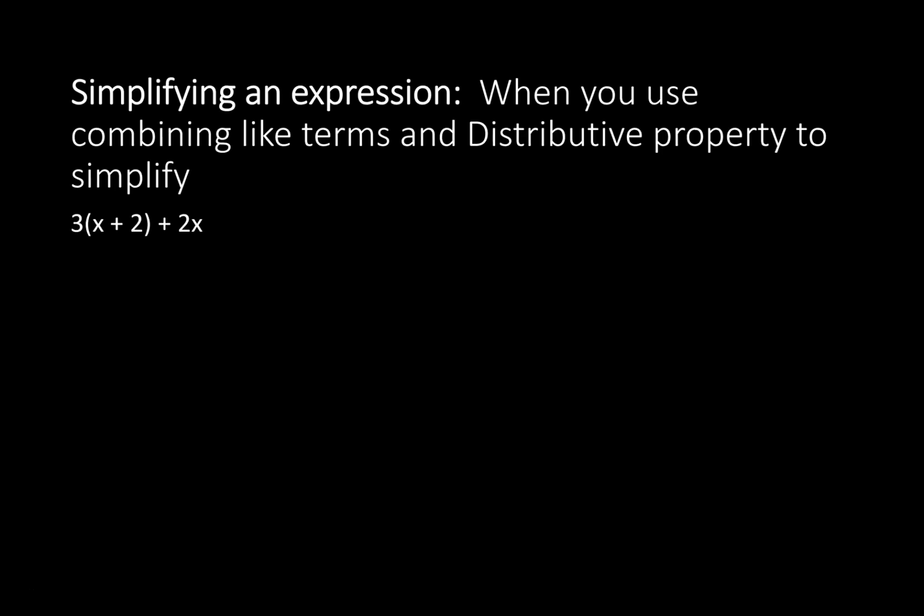So it could look something like this, where you have 3 times (x plus 2) plus 2x. When I distribute that out, it's 3x plus 6 plus 2x. Now I use the distributive property. Now I'm going to combine like terms. The like terms I have are 3x and 2x, so I can combine those together. 5x plus 6. There are no like terms and no parentheses, therefore it is in simplest form.